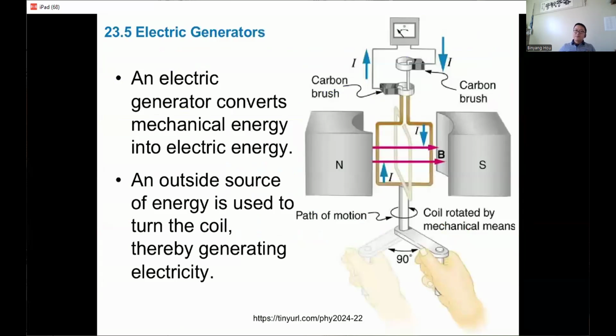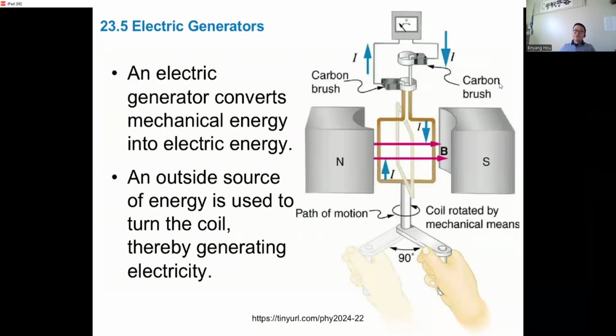Now let's talk about the electric generator. Previously we looked at B: if the magnetic field is changing, you can have induced EMF or electricity. And if you have the area changing, you can also have induced EMF. That's the previous section.